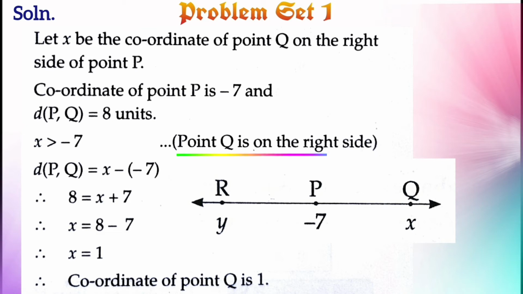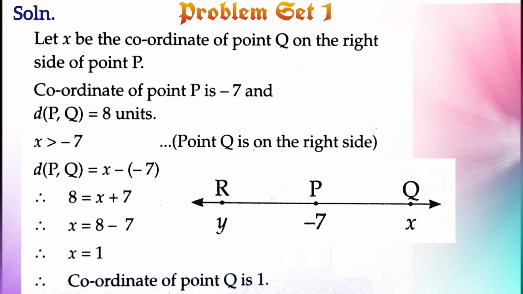So the distance between P and Q is equal to X minus -7, that is greater coordinate minus smaller coordinate. The same formula we have used before, but the problem here is that the distance is given but the coordinate is not. So let's substitute the distance. 8 is equal to X plus 7.